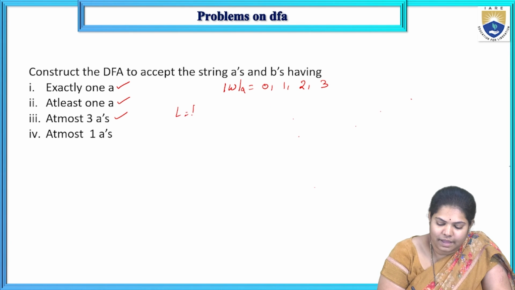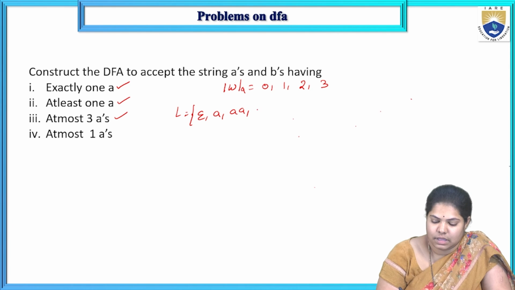So what will be the language here? Epsilon, A, AA, 3A's, right? And A, B, BA, AAB, ABA and so on.